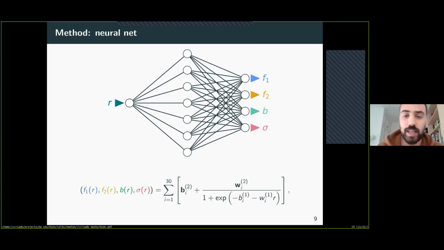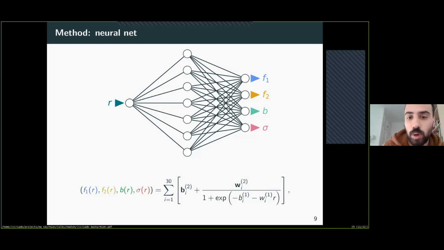And our method is first representing these four functions using a neural network. For the purposes of this talk, I think we can just say that a neural net is a function that takes m real inputs and gives you n real outputs.